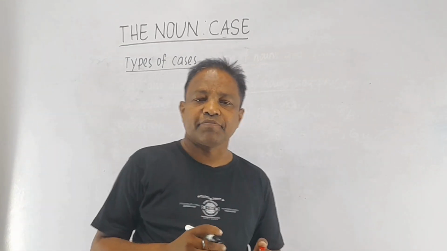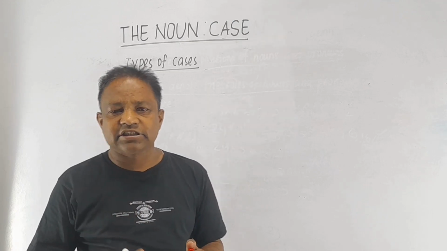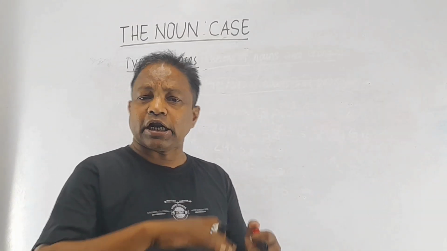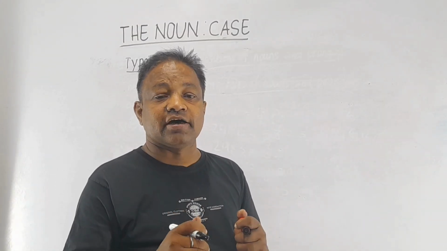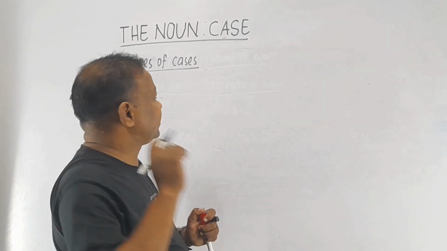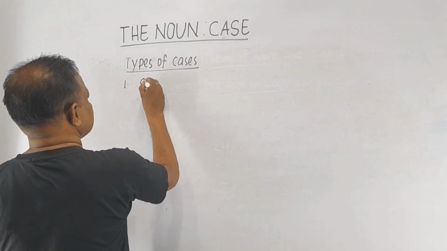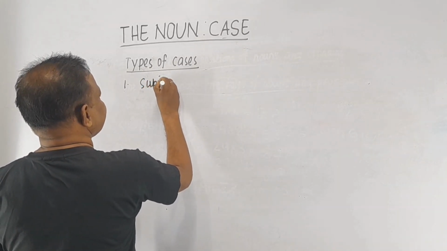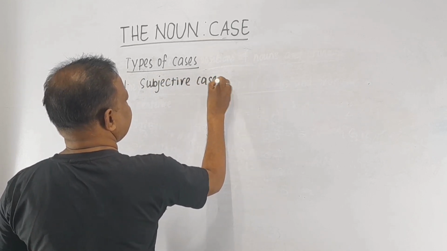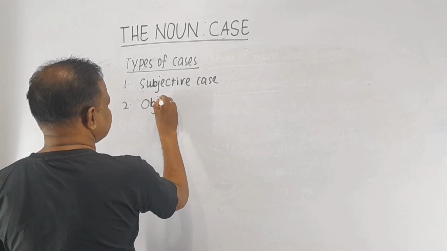According to modern grammarians, there are 6 cases. Some grammarians also say that there are 5 cases, but out of 5 or out of 6, 3 cases are very important. Let me talk about 5 cases. Case number 1 is subjective case. Case number 2 is objective case.